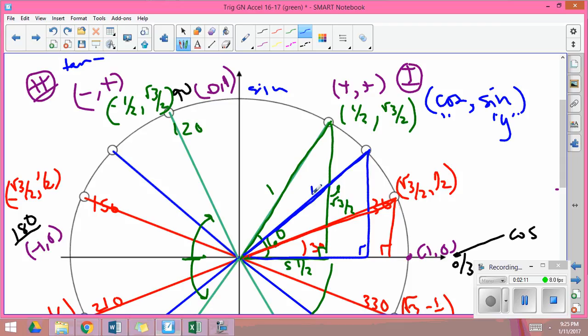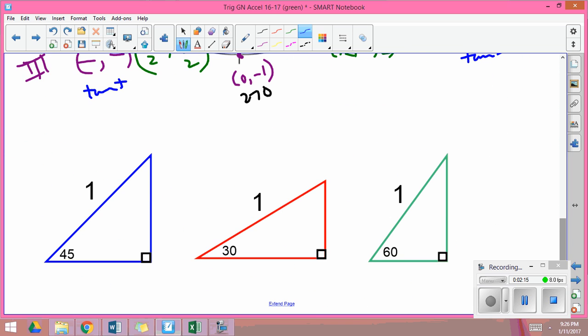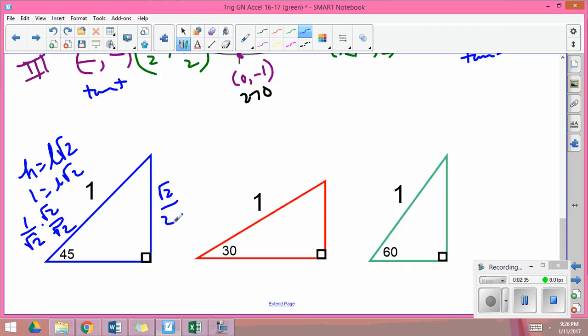Remember for 45-45-90, my hypotenuse is equal to my leg times the square root of 2. So 1 is equal to the leg times square root of 2. Divide both sides by square root of 2. Rationalize your denominator. And so each leg is the square root of 2 over 2.